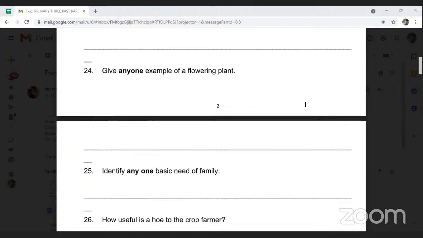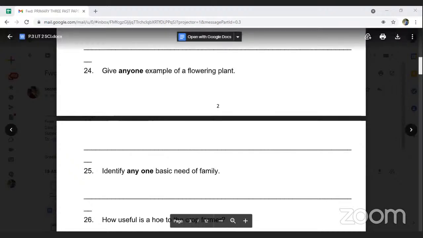A flowering plant is what? A plant that bears flowers. Flowering plants do bear flowers. That is correct. Let's move on to number 25.